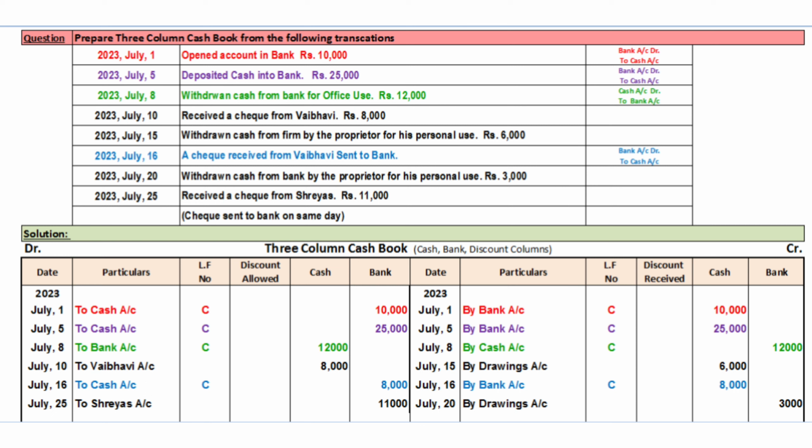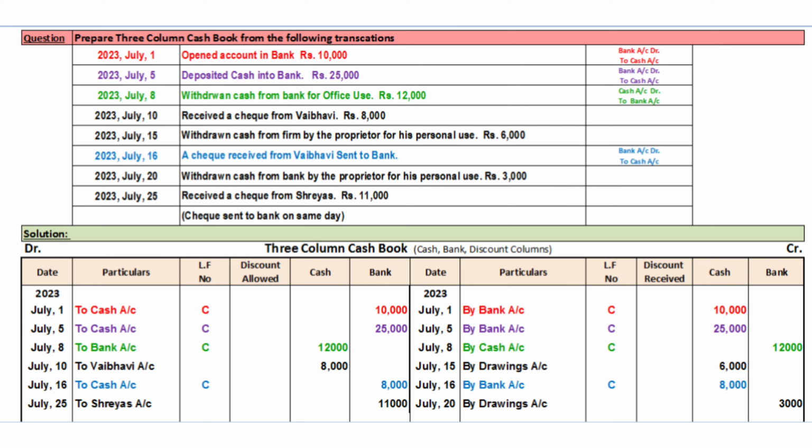There are two types of cheques. If the cheque is issued by the firm to others, that is outgoing cheques, and incoming cheques mean cheques received from others. In the matter of incoming cheques, we must observe whether the information says the cheque was sent to the bank on the same day or not.